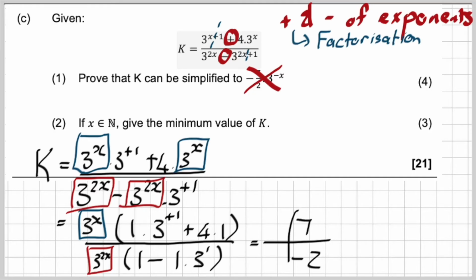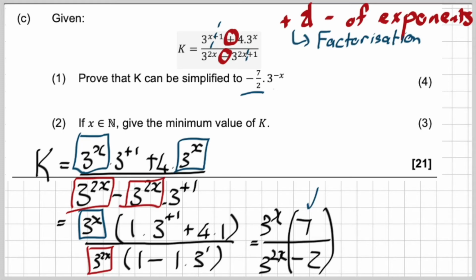If I simplify the brackets, I get 7 over negative 2. Now, ladies and gentlemen, okay, here's where the bells must start ringing, okay? Look at where you want to go. You want a negative 7 over 2. I like it. I'm going in the right direction.